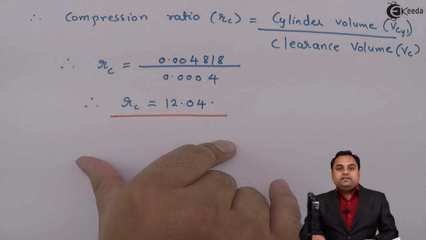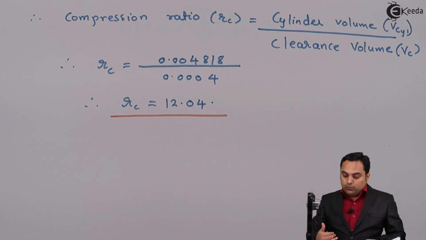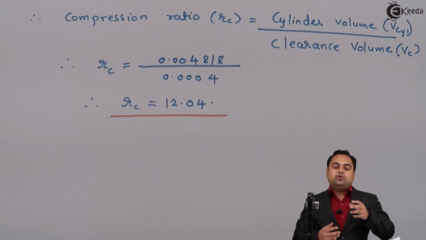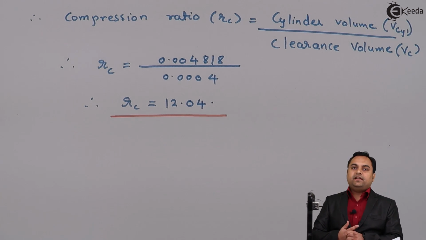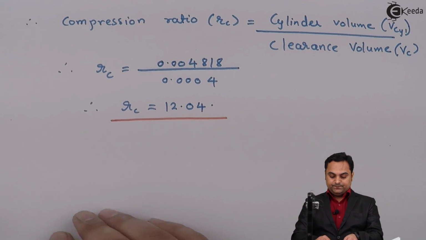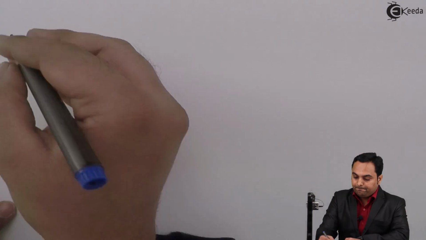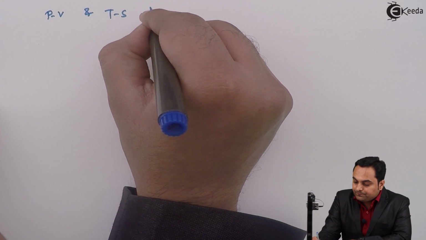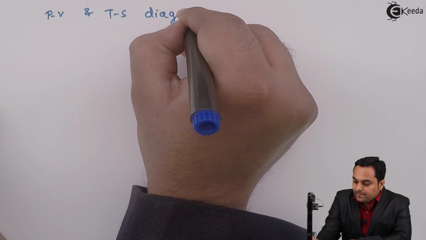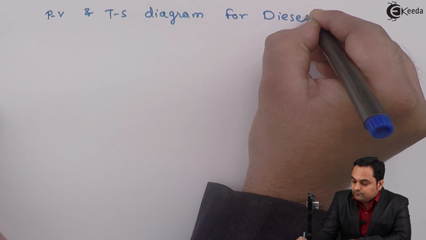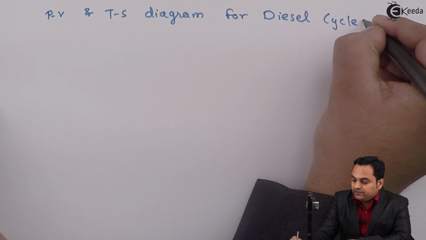Next, after getting the compression ratio, we should draw the PV and TS diagram for diesel cycle, because without drawing the PV and TS diagram we cannot understand this problem. So the next step is the PV and TS diagram for diesel cycle.